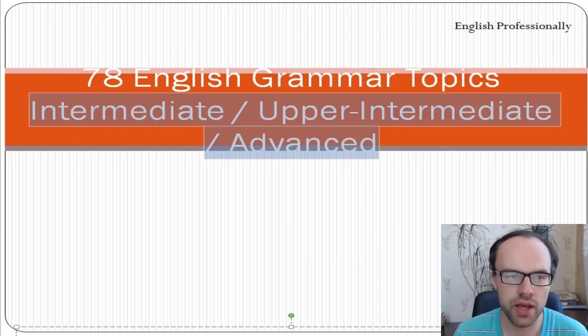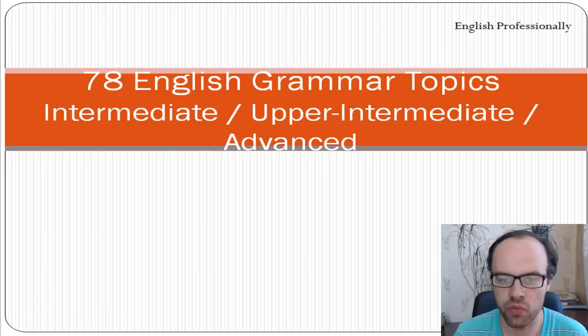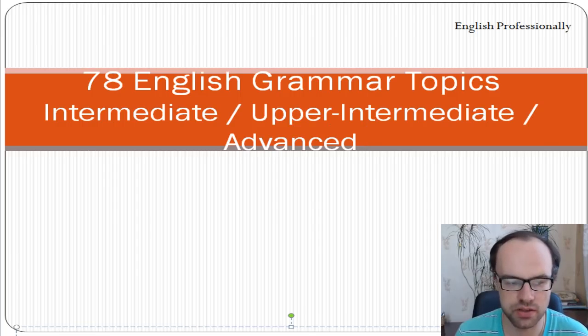So maybe we'll have a more detailed video for advanced students, but really we cover many points for advanced students, and I think that we need to change the title: intermediate, upper intermediate, and advanced.